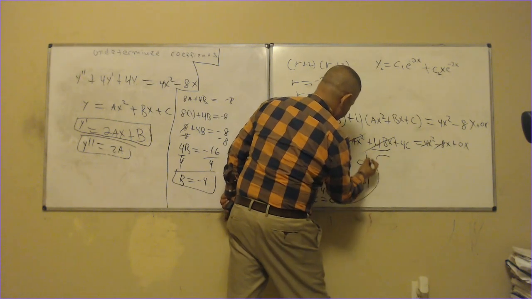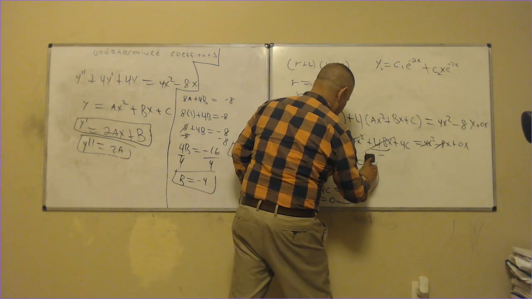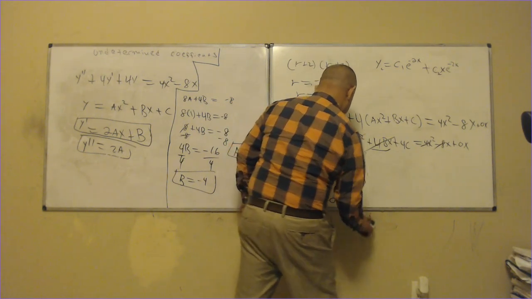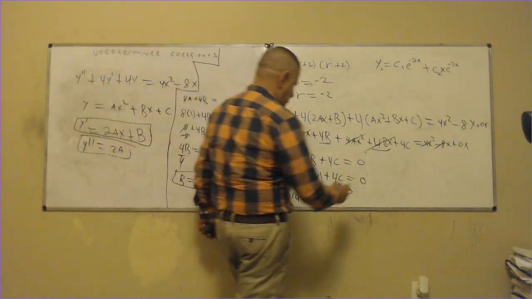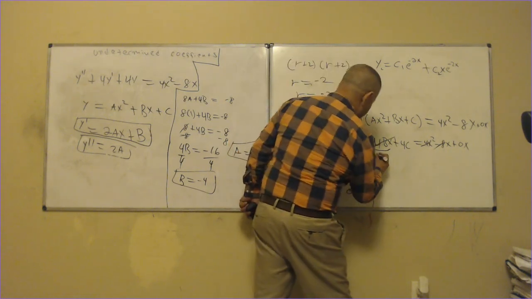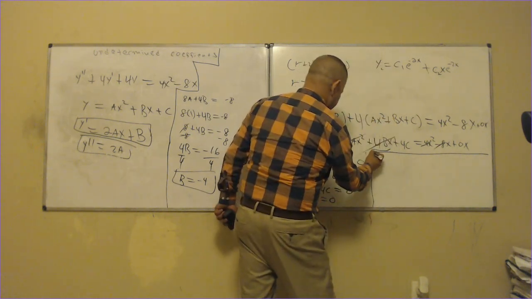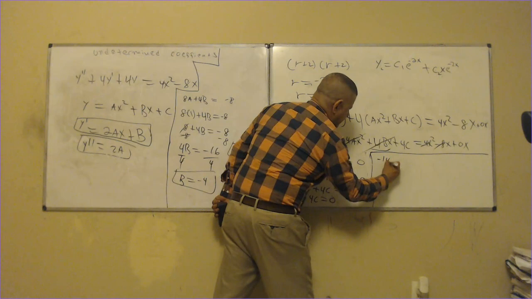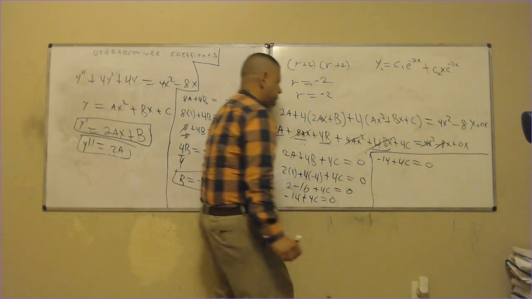Let me just write the whole thing out, so it's clear. So it's negative 14 plus 4c equals 0, right?